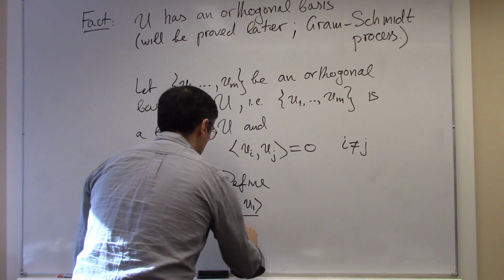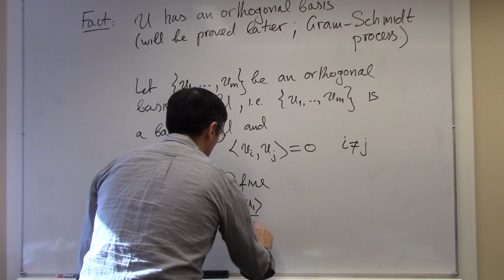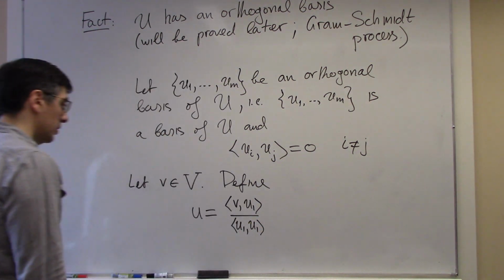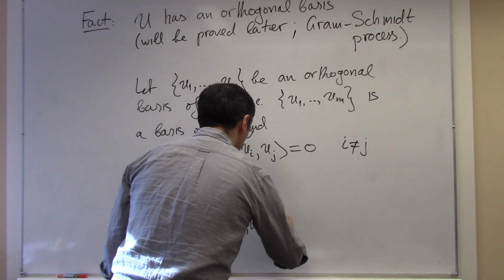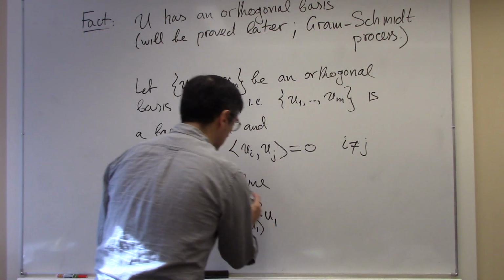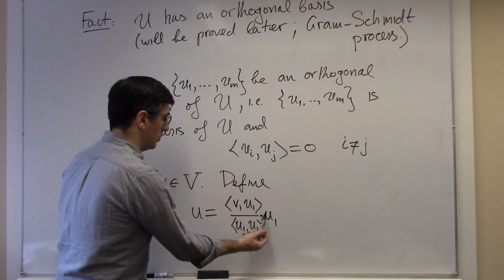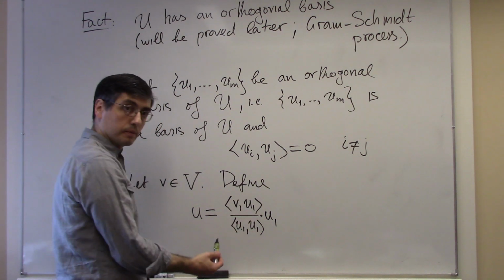So this is some number, and then you take the inner product of U with U, and then you multiply. So this is a number, and you now multiply U1 by this number.